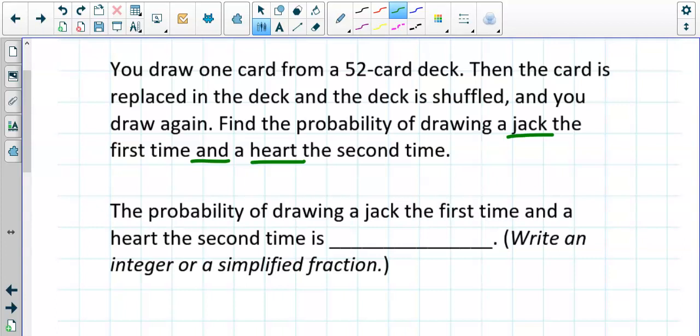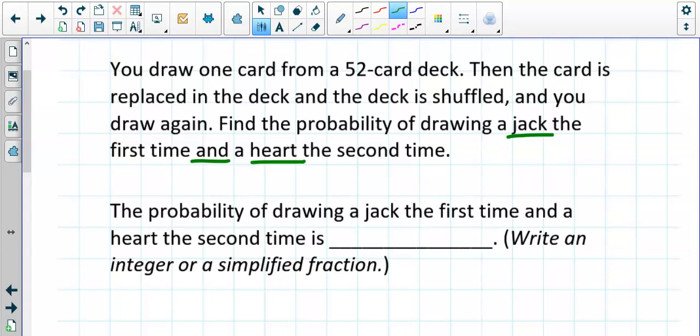Dependent events would be something like, imagine that I have some sort of magical die right here in my hand. It's six-sided, and I roll it the first time, and I get a number, but then all of a sudden that number disappears when I roll it for the second time.